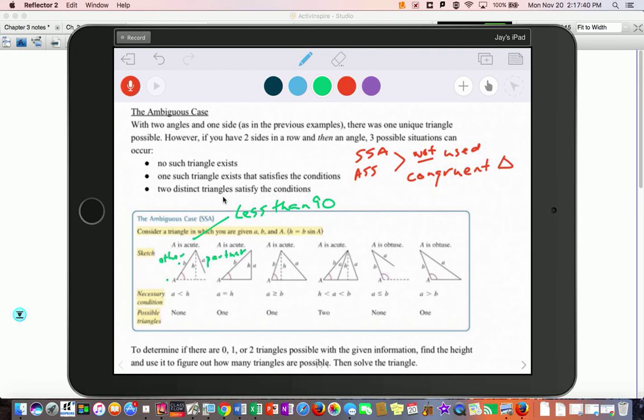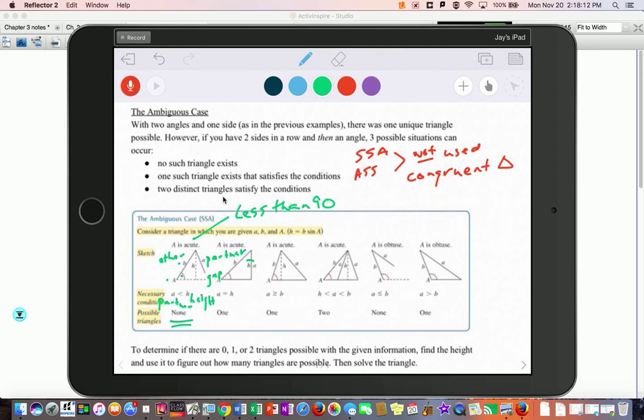So if your angle is acute, angle A right here is acute, and your height is bigger than the partner, so remember H stands for height, and this is the partner side over here. So when the partner is small and the height is big, that creates this gap right here. So that's why there are no triangles.